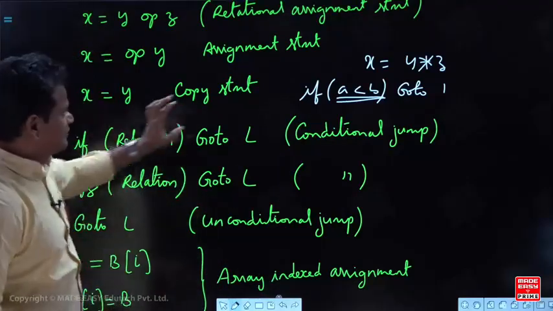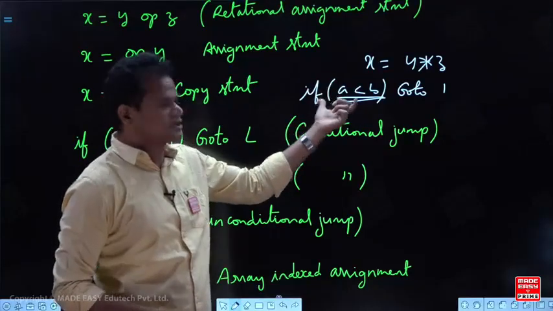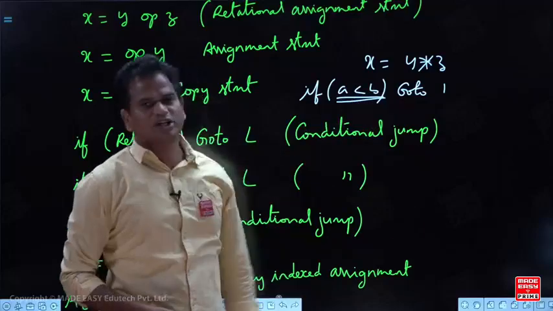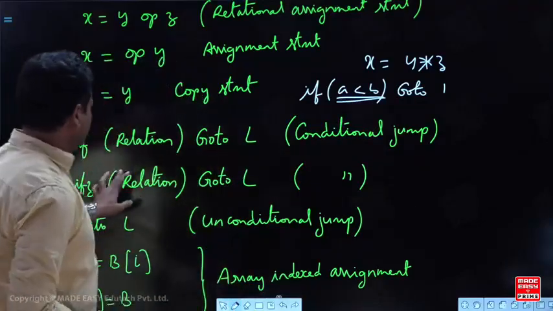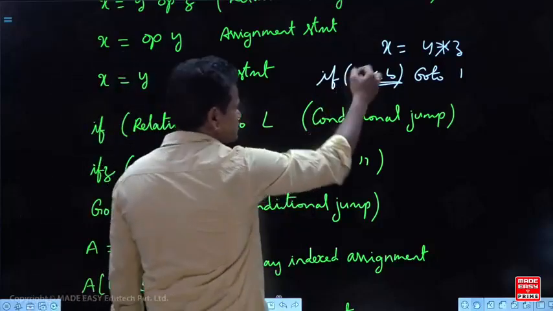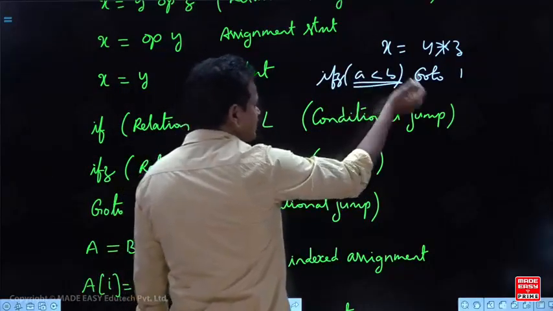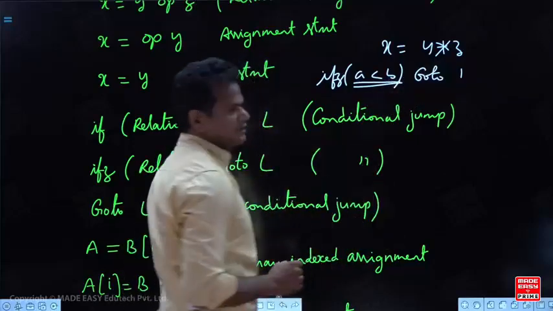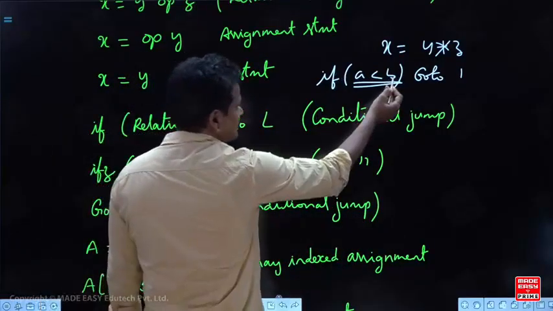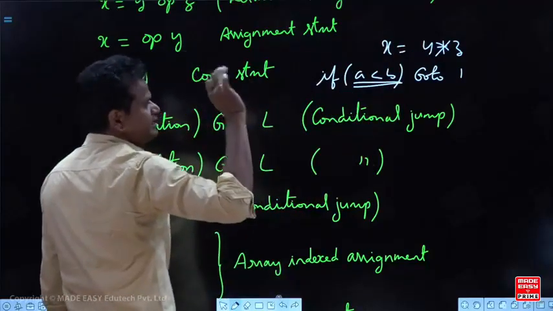Whenever A less than B becomes true, since the if condition is boolean, true or false, then jump to the first statement. And if Z means if A is not less than B, then go to 1. Do you understand the meaning of this? If A is less than B, then jump to 1. Conditional statement.